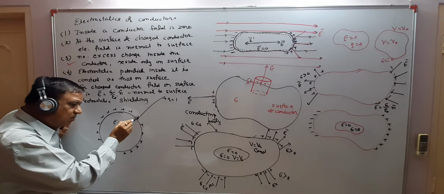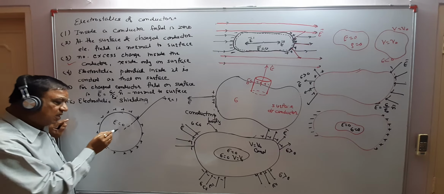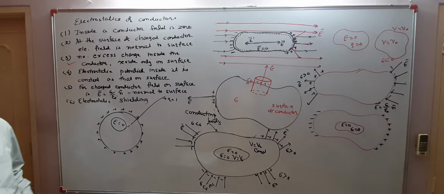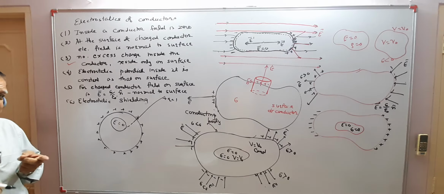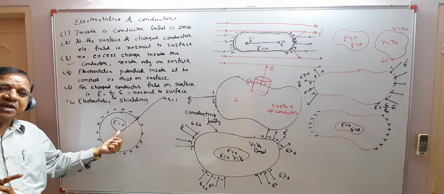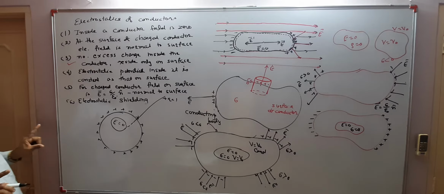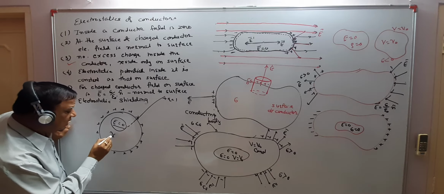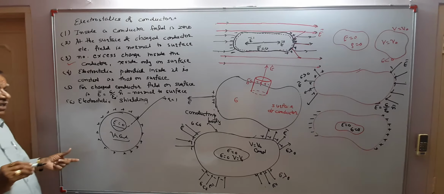But when we are bringing the unit charge inside it, there is no field. No field means no work required to be done on the charge. So whatever work is done on the surface remains the same at any point inside the spherical shell. So we can say E is 0, but V remains constant inside.